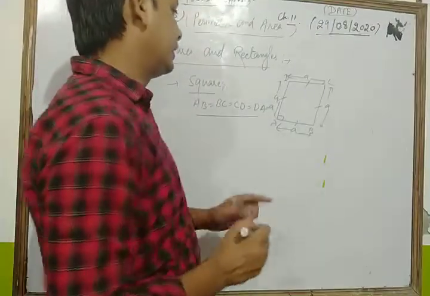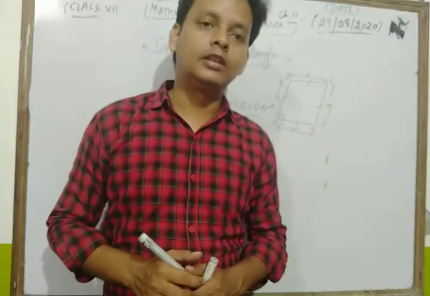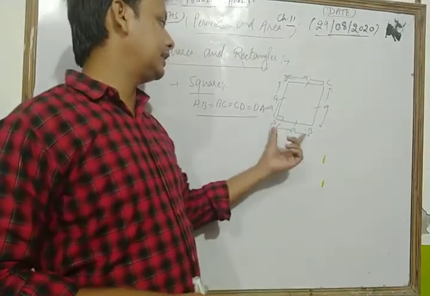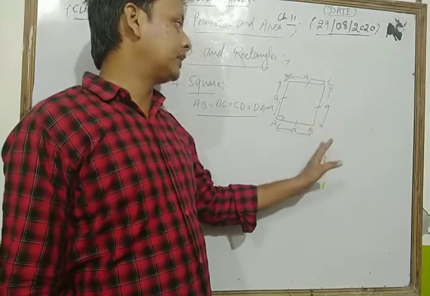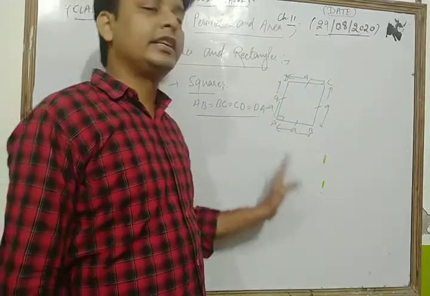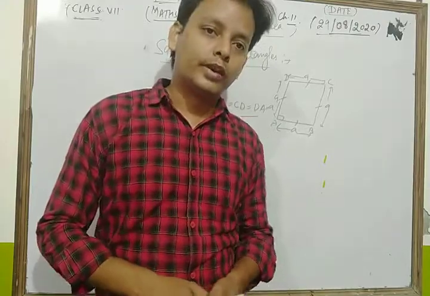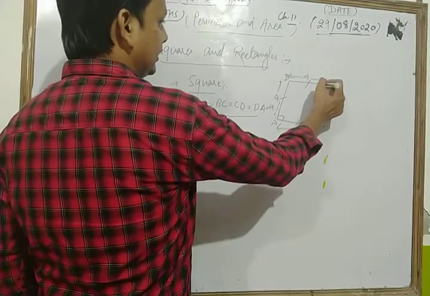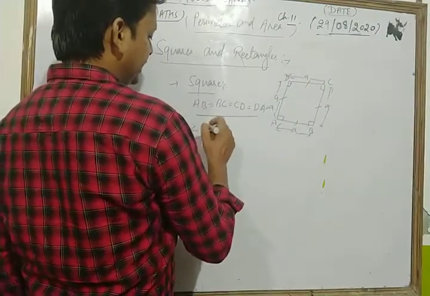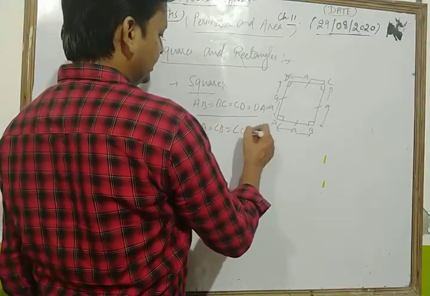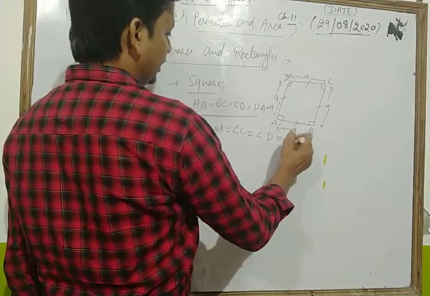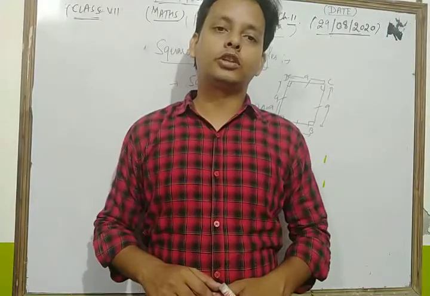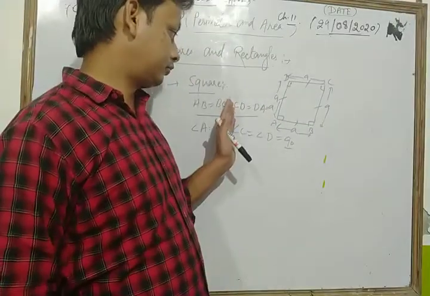So a square is a type of quadrilateral in which all sides are equal. Suppose AB is equal to A, so all its sides BC, CD, DA are also equal to A. And one important thing is that each angle is equal to 90 degrees, meaning angle A is equal to angle B is equal to angle C is equal to angle D, each equal to 90 degrees. So these are the two important properties related to a square, dear students.